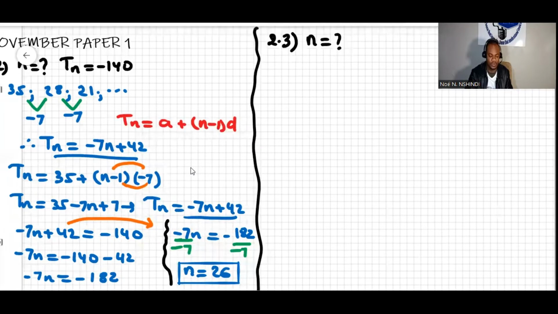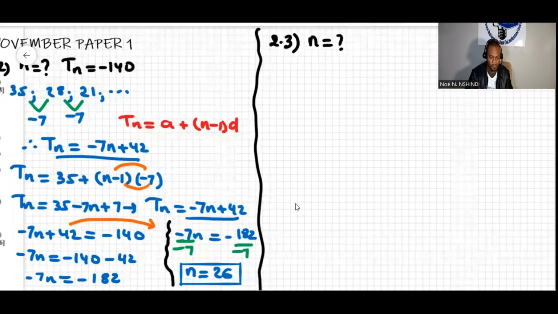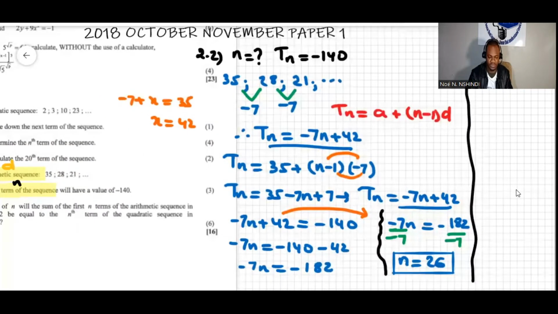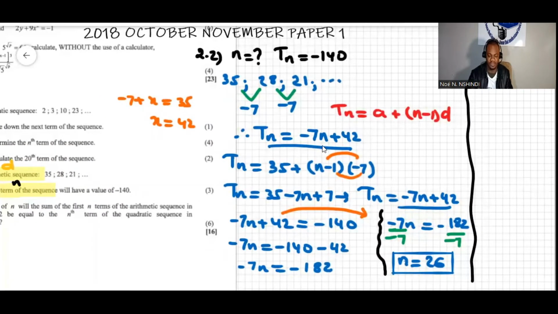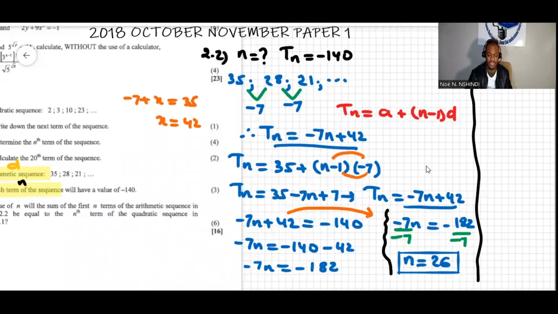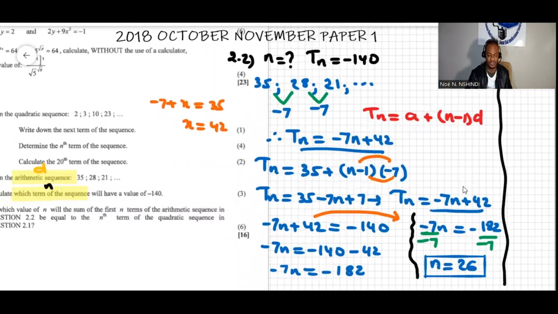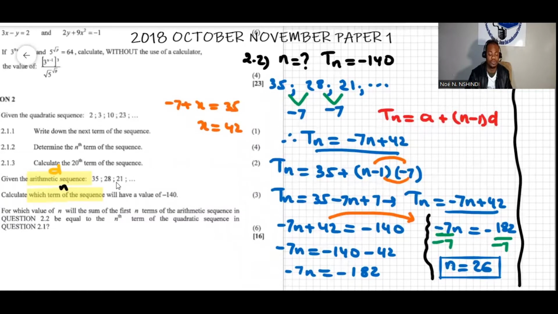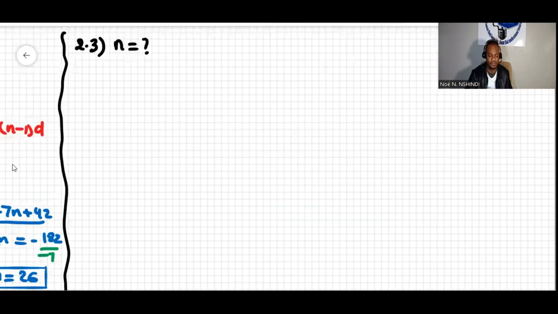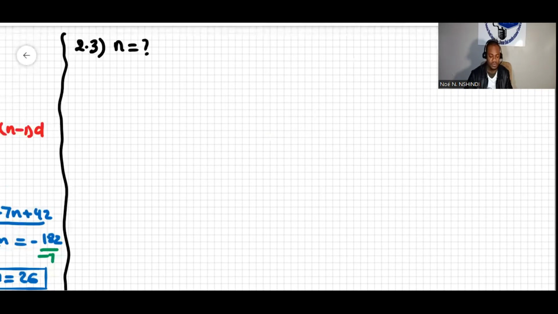In 2.2, we worked it out here. We found Tn was equal to negative 7n plus 42. That's Tn. And because we don't know the last term, I'm going to write the formula for the sum of n terms. Sn will be given by n over 2, open square brackets, 2a plus n minus 1 times d.